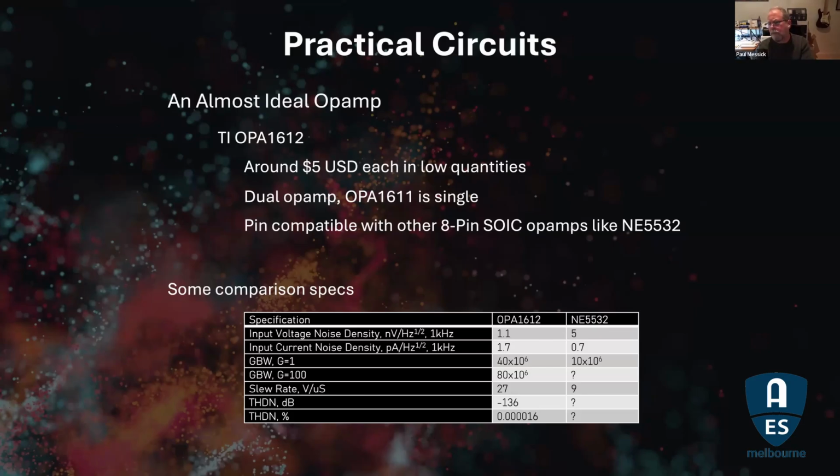To compare it with a 5532, which literally costs 25 cents in low quantities, it's 5 nanovolts per root hertz, so much noisier. But the current noise of a 1612 is not great, 1.7 picoamps per root hertz, which seems like a really low number, but you look at the 25-cent op amp and it's 0.7.